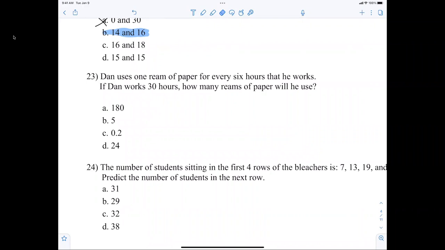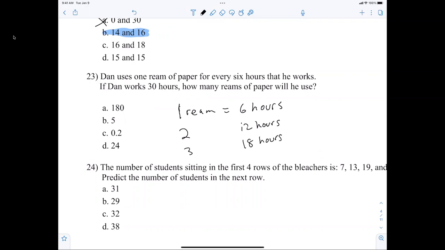He uses 1 ream of paper every what? 6 hours. So in 12 hours, he'll use how many? All right. 3 reams will take him what? 18 hours.